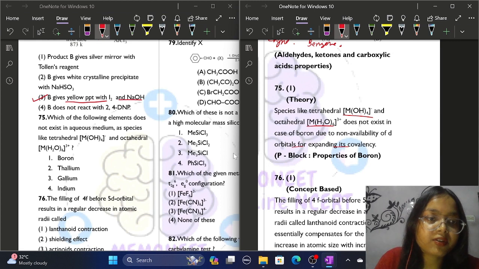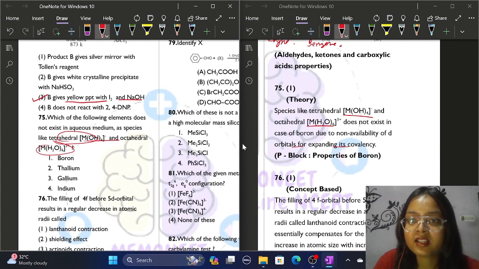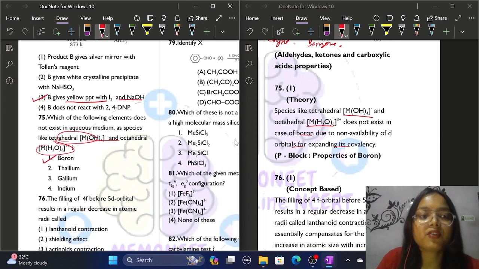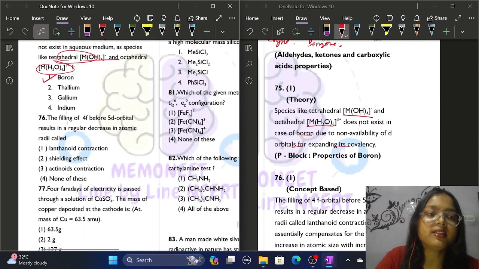These do not exist in case of boron. Boron does not have empty d orbitals, so it will not expand. So boron will be the correct option.